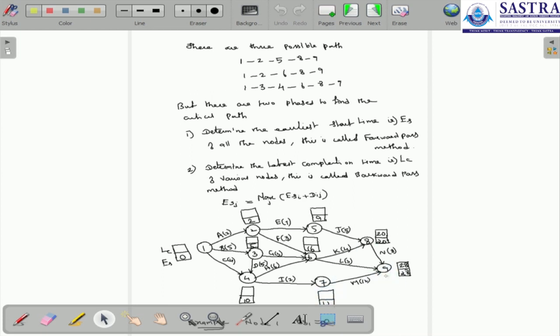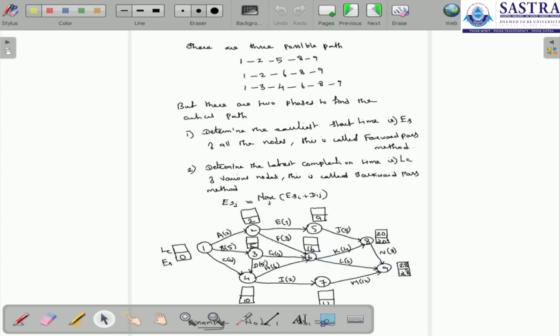One path is 1, 2, 5, 8, 9, another path is 1, 2, 6, 8, 9, and the third path is 1, 3, 4, 5, 6, 8, 9.